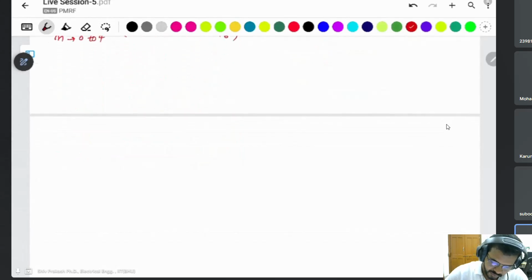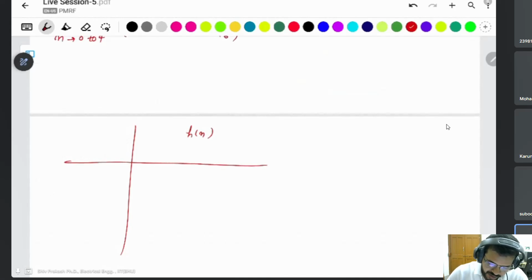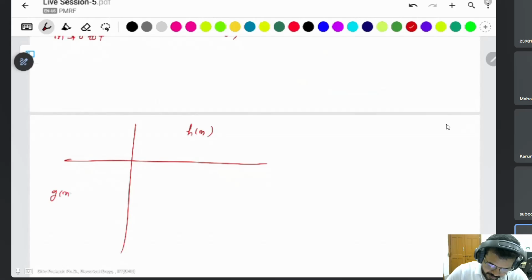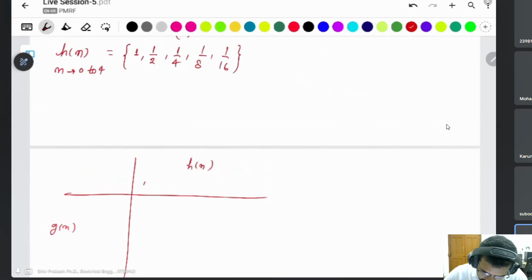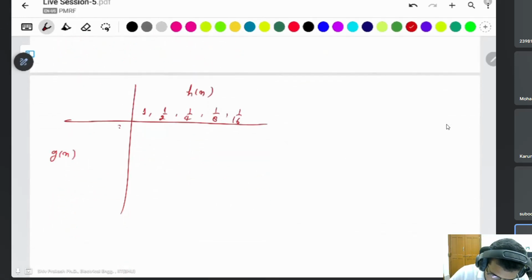Simply you have to take this hn, and this will be the y of xn, that gn. hn will be 1, a half, and 1 by 4, 1 by 8, 1 by 16. Here is gn. In gn we find a, b, c, d and e. Okay, simply multiply.